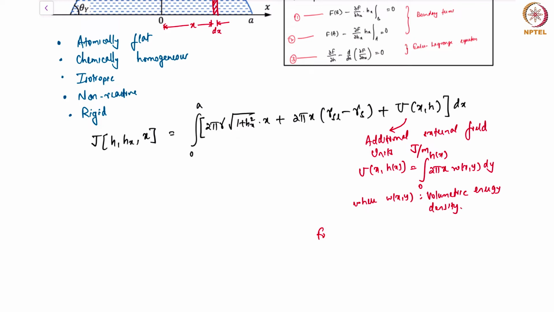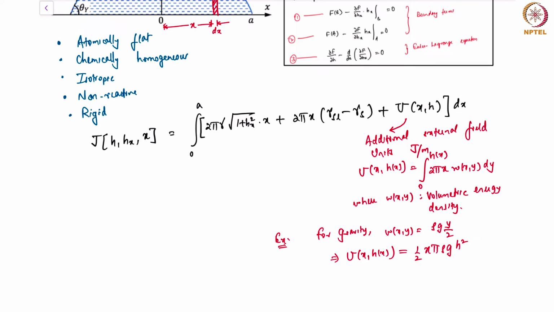So for example, for gravity, we would simply have w of x comma y to be rho g y by 2, and therefore u of x comma h of x would simply be half x by rho g h square, where rho is the density of the liquid.